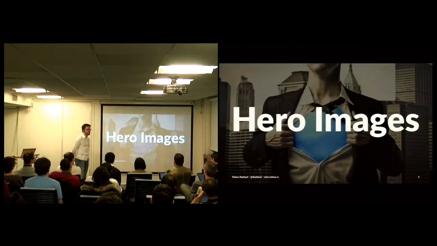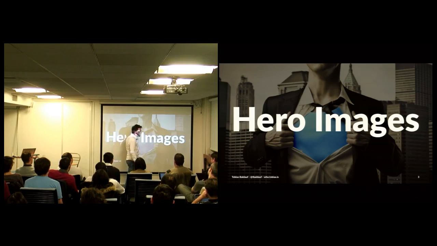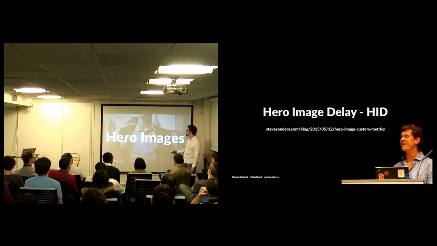The problem I've been facing back then has now a name. The name is hero images, because in the last 1.5 years, this design with large images at the top has become so predominant that they are now called hero images. This is a web design term that you will encounter when you look at web design trends in the modern age.